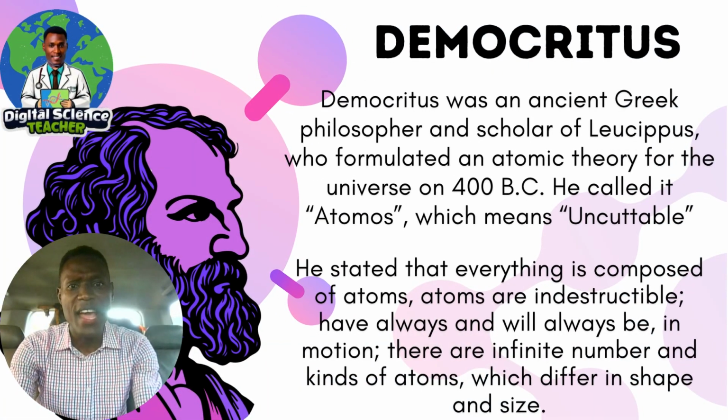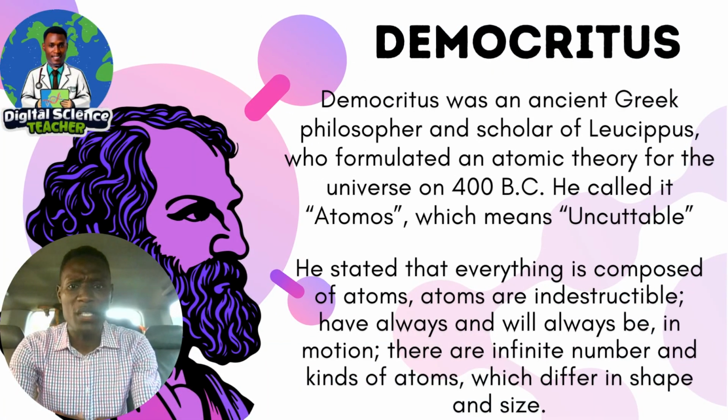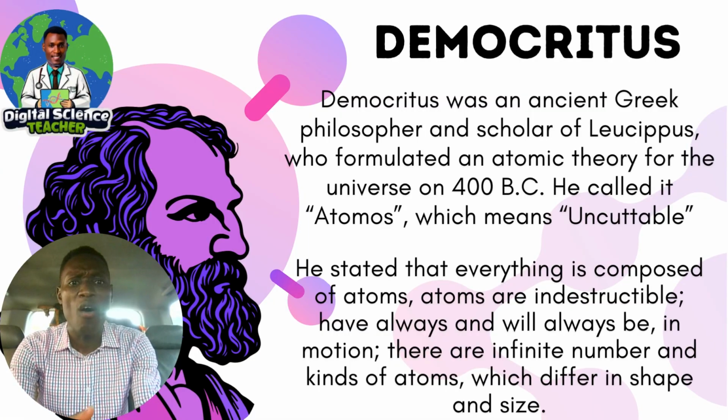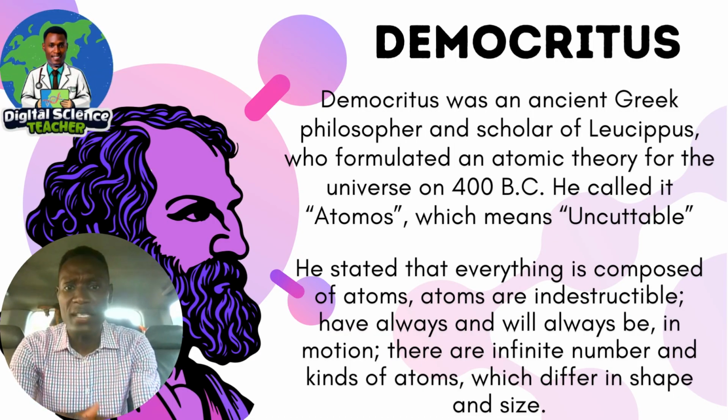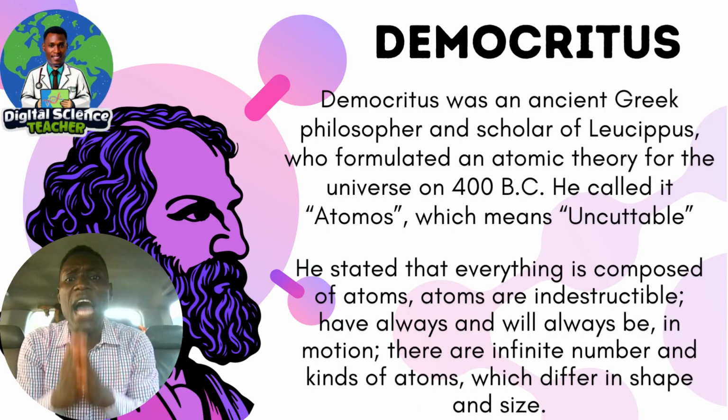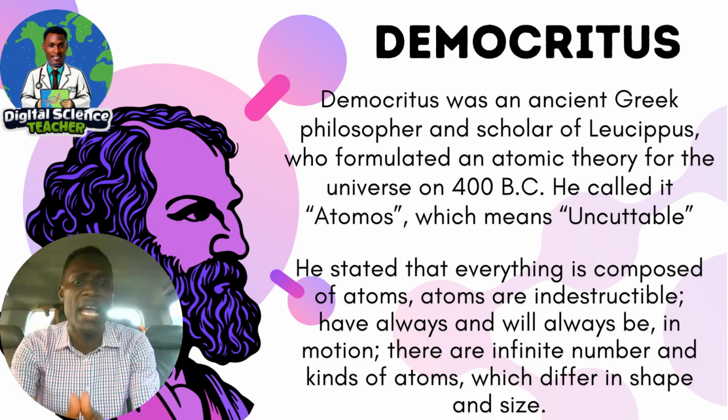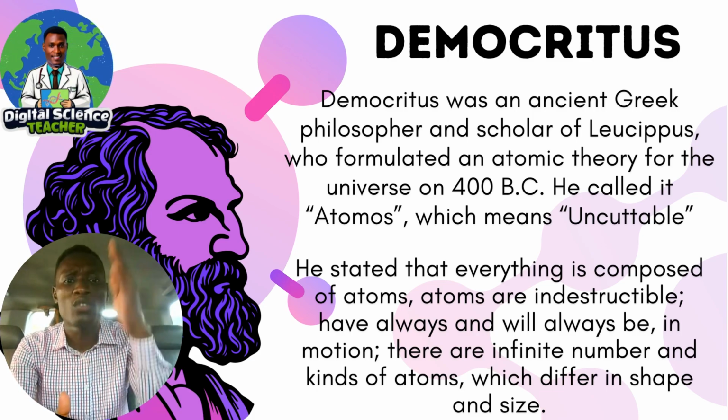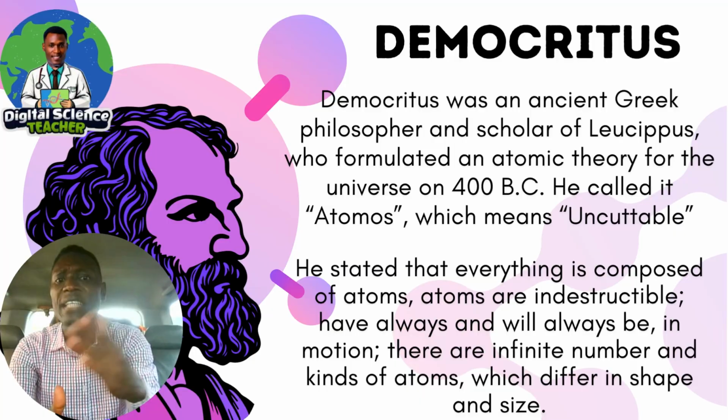So as I said earlier, Democritus was the first to describe what an atom looked like. Democritus was an ancient Greek philosopher and a scholar of Leucippus, who formulated an atomic theory for the universe in 400 BC. Now, he called it atomos, as I mentioned earlier, which means uncuttable or indivisible.